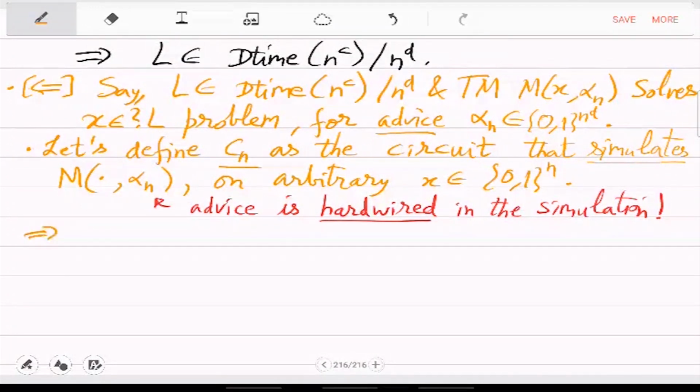So you can see that the size of C_n is some polynomial blow up. This Turing machine has n^c steps, right? Simulation I think you can do even in quadratic, so it is something like n^(2c), which is polynomial in n.